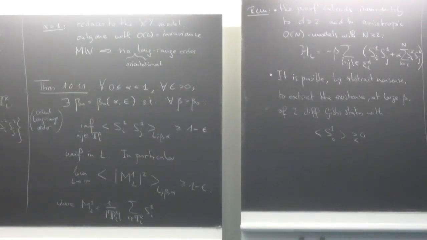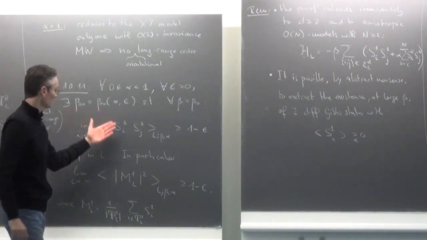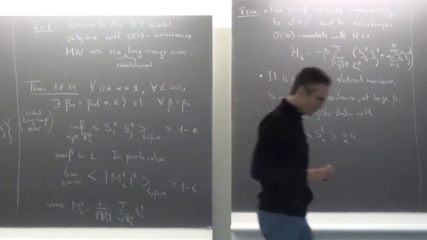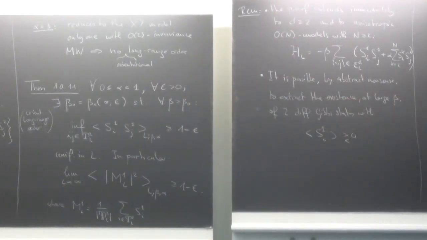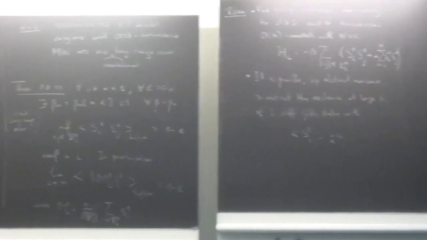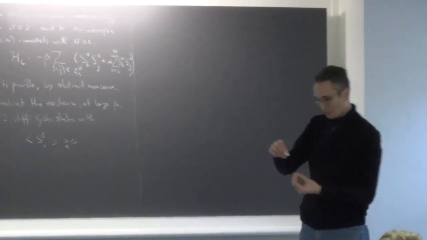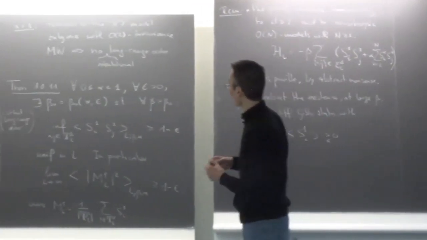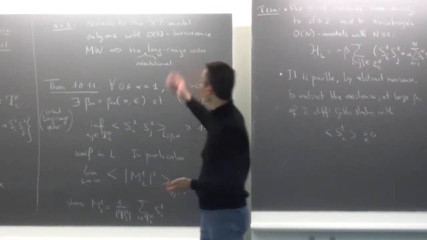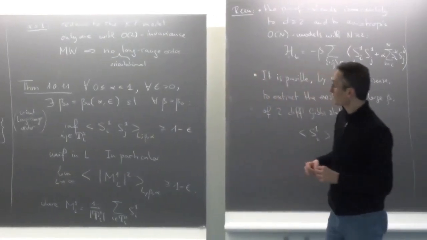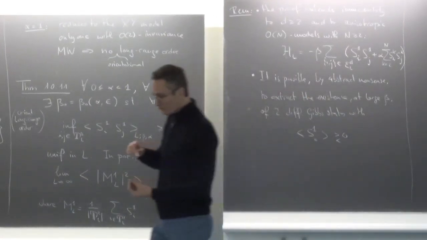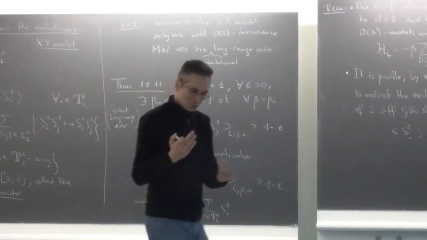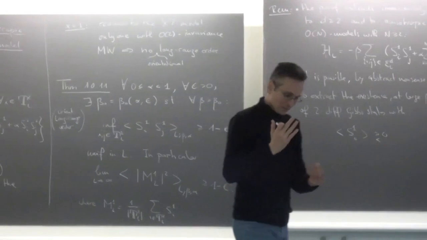And the last thing I wanted just to point out is that when we were proving the Mermin-Wagner theorem, two weeks ago, three weeks ago, I don't remember, we insisted a lot on the fact that we had a continuous symmetry group, and that the Mermin-Wagner theorem, the absence of long-range order, was a consequence of this continuous symmetry group, but it was not completely clear that this was really necessary because the basic argument was that we could construct these spin waves.